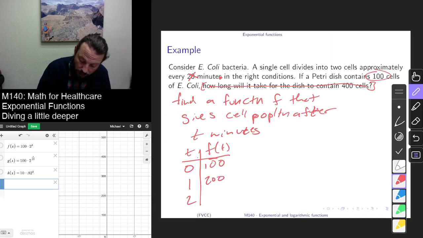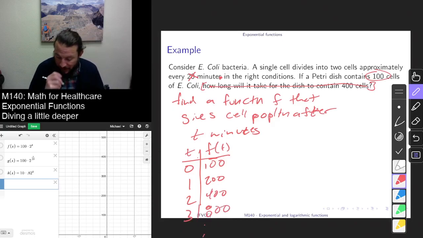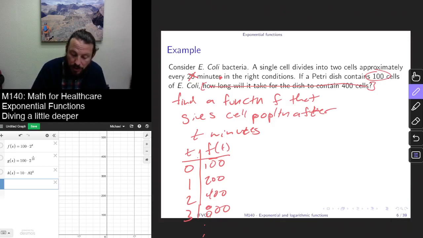At 2, it's going to double again, 400. At 3, it's going to double again, that's 800. And I could continue on. Hopefully we see this is similar to the situation with Carl and Alice, the pennies, except now, instead of starting with 1 penny, we're starting with 100 cells.